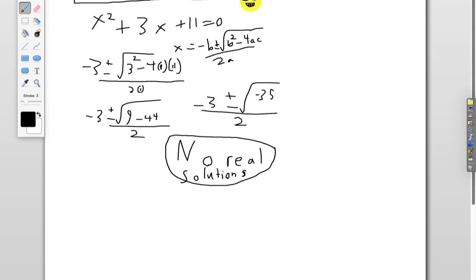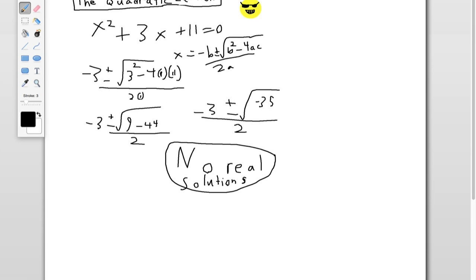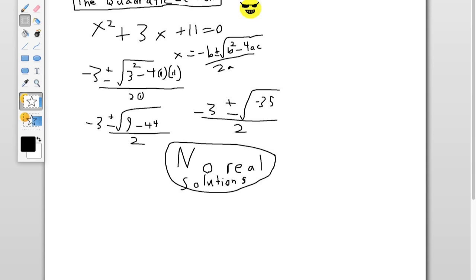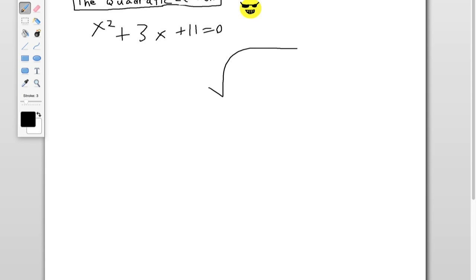But then there's still one more thing, and it's called a discriminant. This is basically a really easy way to figure out if an equation has two real solutions, one, or even none. So if we take this equation that we just had, we can use the discriminant to solve this. And the discriminant is the square root of b squared minus 4ac.